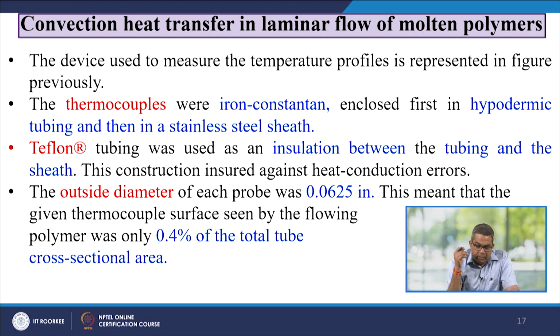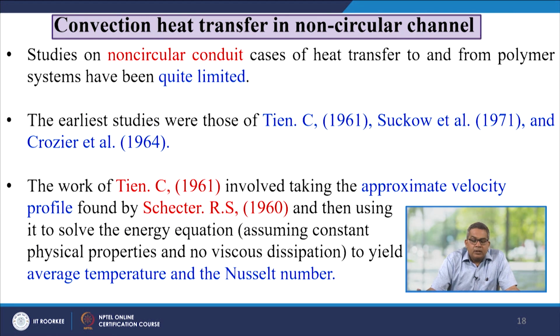The outside diameter of each probe was 0.0625 inch, and this means that the thermocouple surface seen by the flowing polymer was only 0.4% of the total tube cross-sectional area. Now, studies on non-circular conduit cases for convection heat transfer to and from the polymer system have been quite limited.